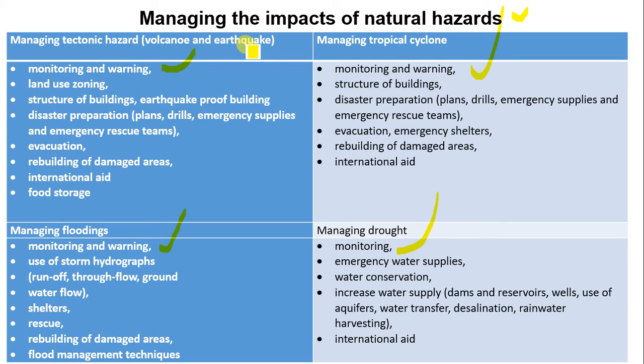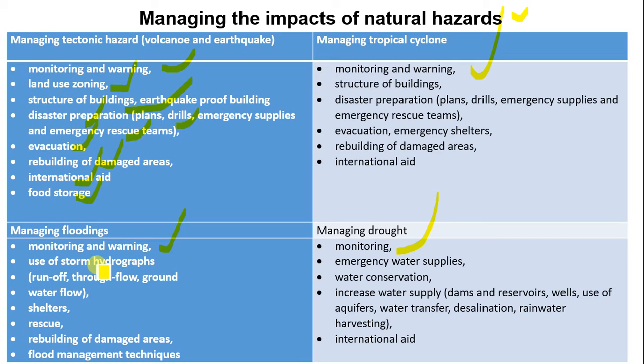In the case of volcanoes and earthquakes, you can have land use zoning, so you don't build on areas that are prone to volcanoes. You now have structures such as earthquake-proof buildings and disaster preparation like earthquake and volcanic drills. You have emergency rescue teams, evacuation of the area, rebuilding of damaged areas, international aid and food storage, all methods of managing tectonic hazards.